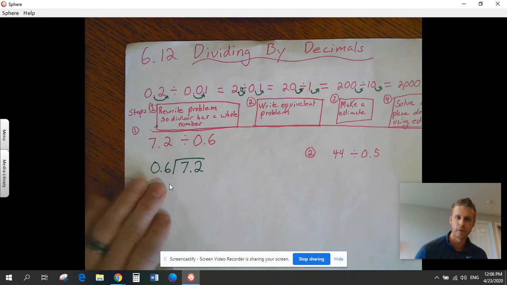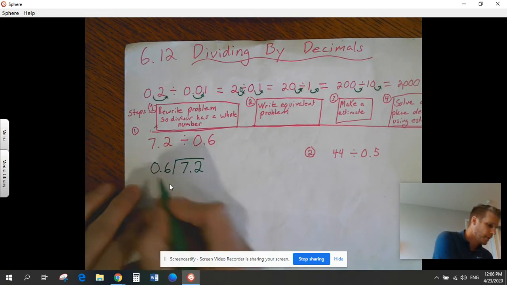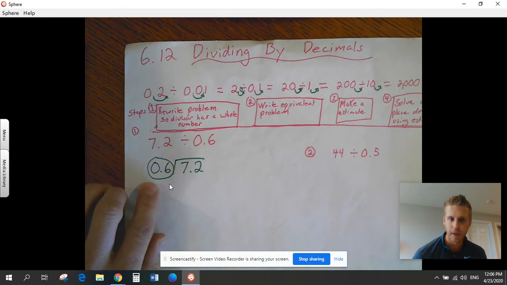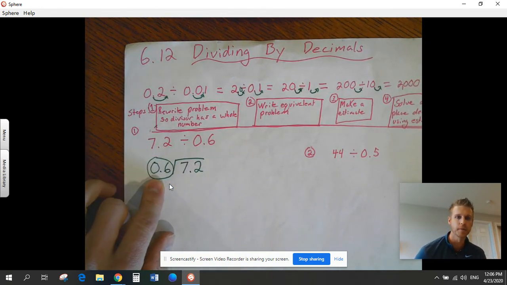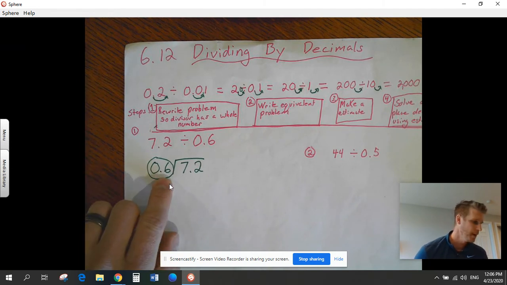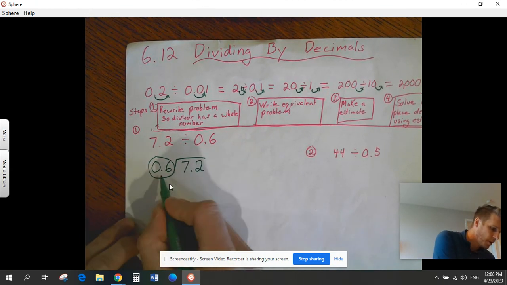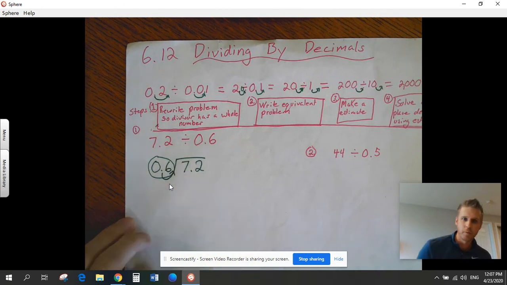Okay, so the problem that we have right now is that our divisor, this thing right here, is not a whole number. We've got to get it to be a whole number. And if I look at this, our whole number that we're going to make it is going to be 6. So to make this thing a 6, we're going to move it one place to the right.